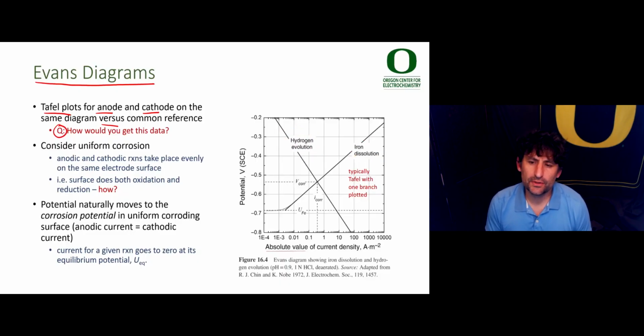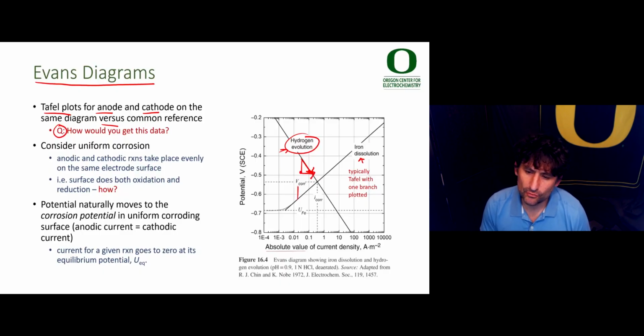And what we can do is we can plot these on the same Tafel plot here. And as you notice, for the hydrogen evolution reaction, as the potential goes more negative, down, the current goes up. For the iron dissolution reaction, as the potential goes more positive, the current goes up.